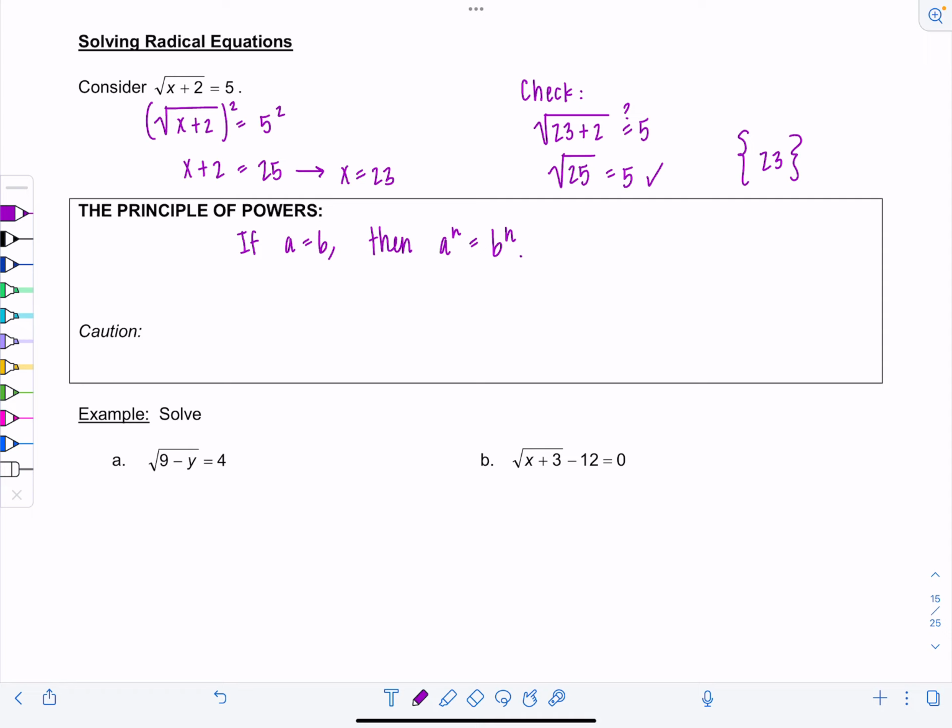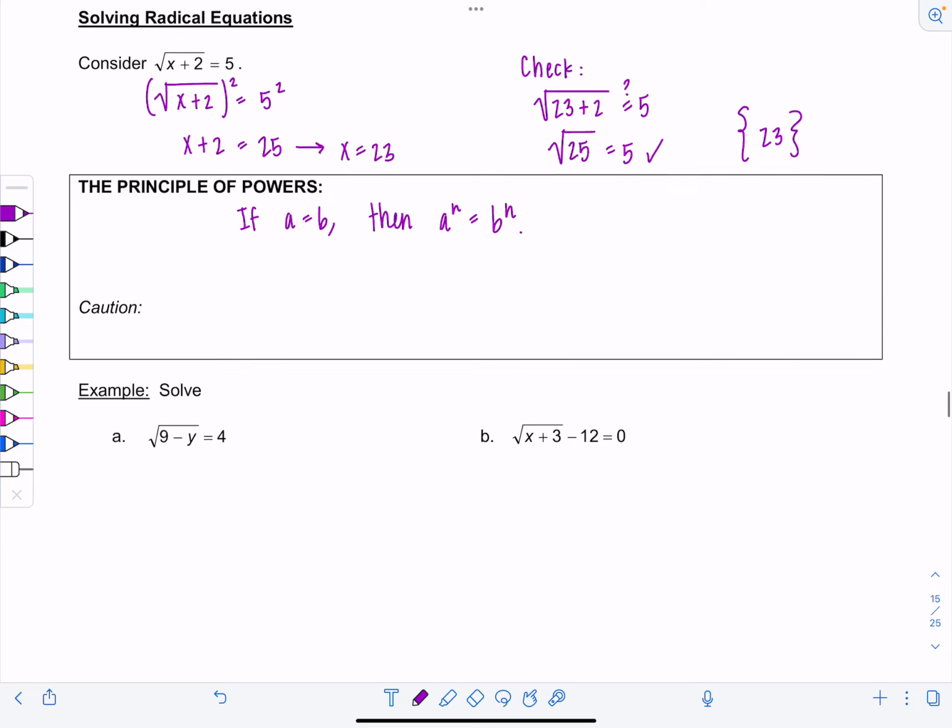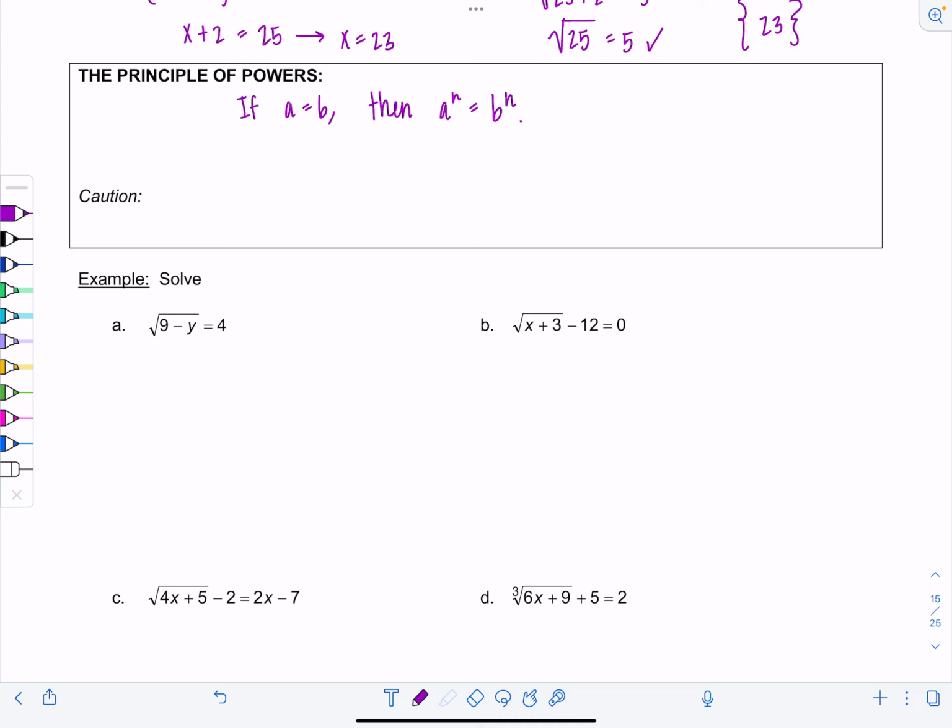So basically, if you have an equation, you can raise both sides of the equation to the same power and preserve equality. However, you do have to be careful because you potentially could have extraneous or extra solutions when you're solving this equation here, okay?